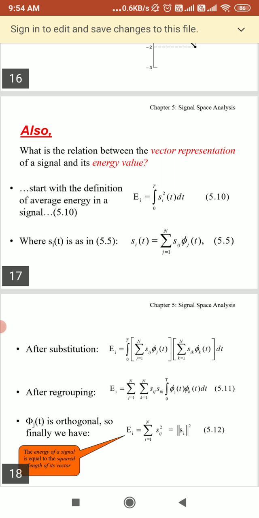For energy valued signals over time t, we get the signal in the form of scalar coefficients and basis functions.